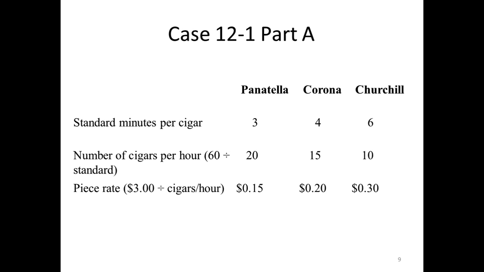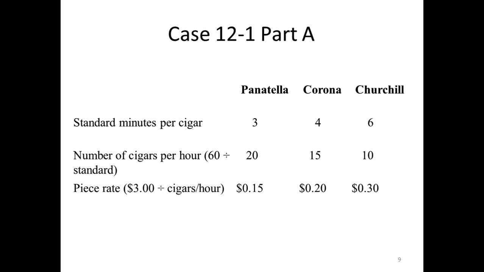So the question then is, after the actual information comes in about performance, you've got the standards in a table that is included in the first part of the case. You're told that Domingo purchased 3.5 million grams of tobacco for $805,000. You're asked in the first 4 parts of this case to calculate the variances for both labor and for tobacco.